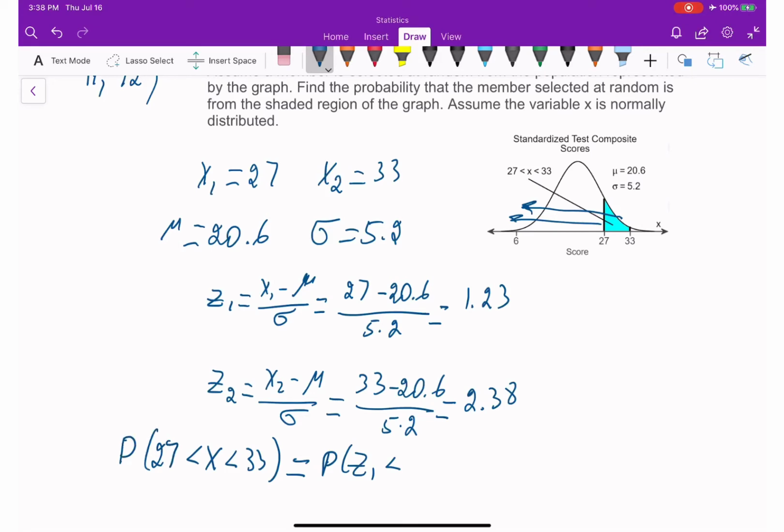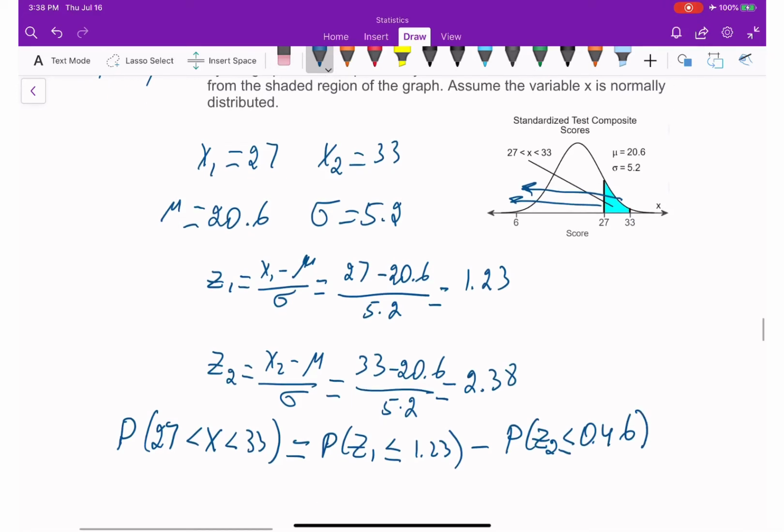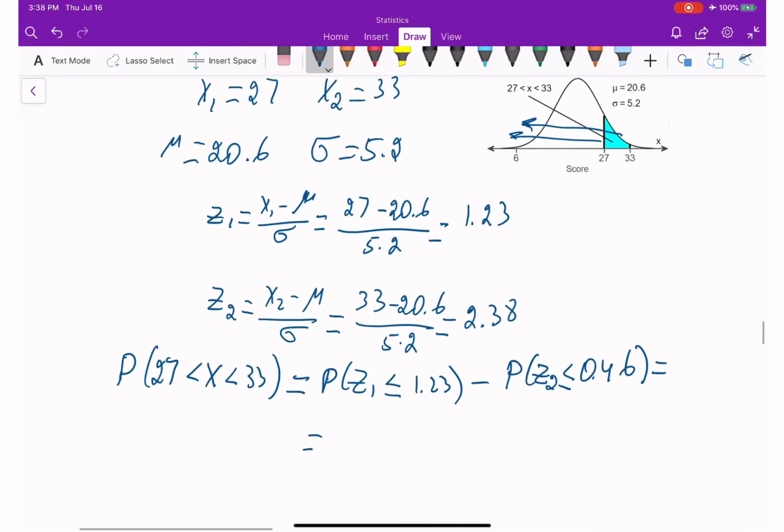I know my handwriting is not the best. So Z1 is less equal 1.23 minus probability of Z score 2 less equal 0.46, and that is equal 0.